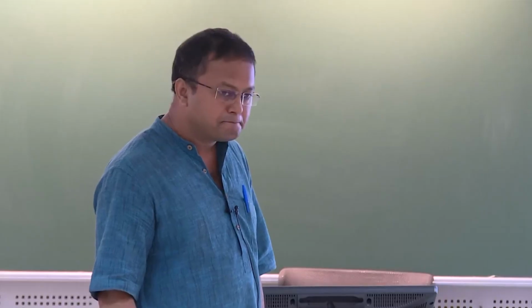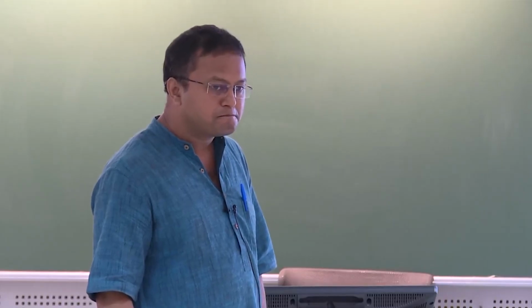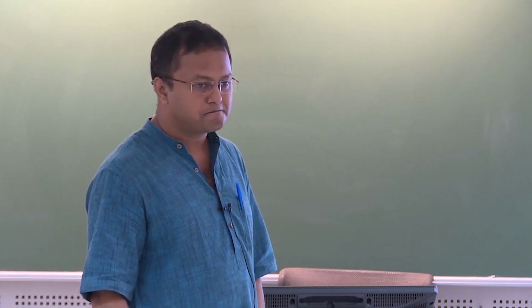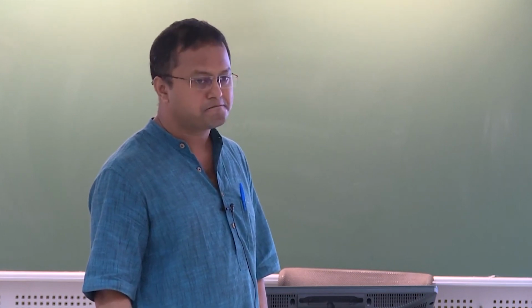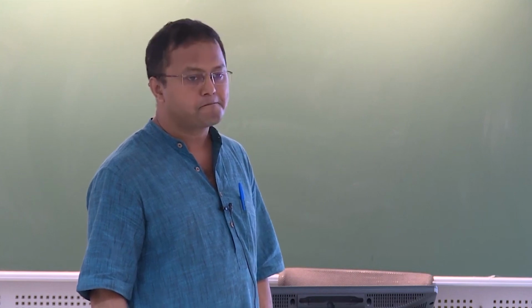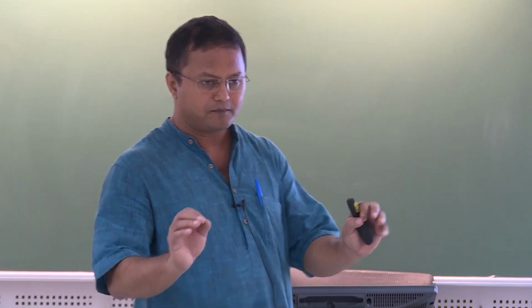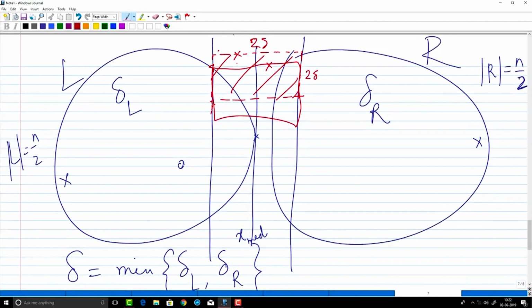But it may be possible that in delta L the minimum distance is suppose 1, and the 2 points in that delta region, one region in y axis are like 0.5 apart. They are just 0.5. So, you mean to say that there is a point here and a point on the right which are 0.5 apart, right. So, I can pick that up, right. What is the problem?